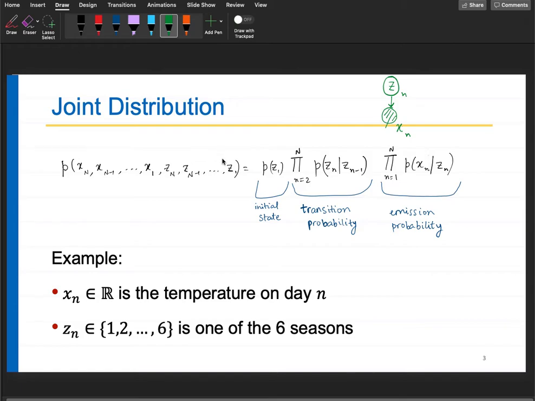And we assumed that this Z satisfies the first order Markov property, which means that Z at time n depends only on Z at time n-1. It does not depend on time n-2 if Zn-1 is given. So conditional independence: my Zn is independent of all previous latent states if Zn-1 is given.